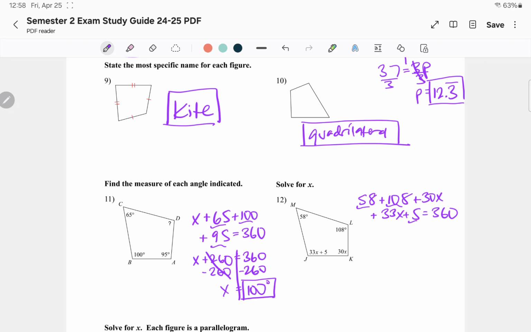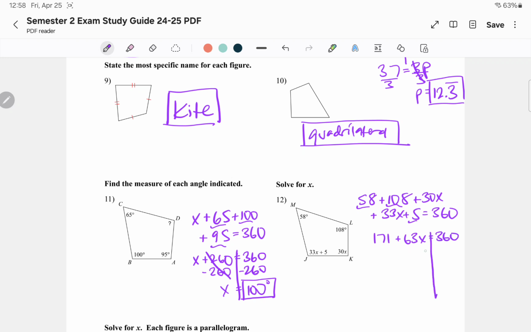So we have 58 plus 108 plus 5 gives us 171. 30x plus 33x is 63x. That's equal to 360.